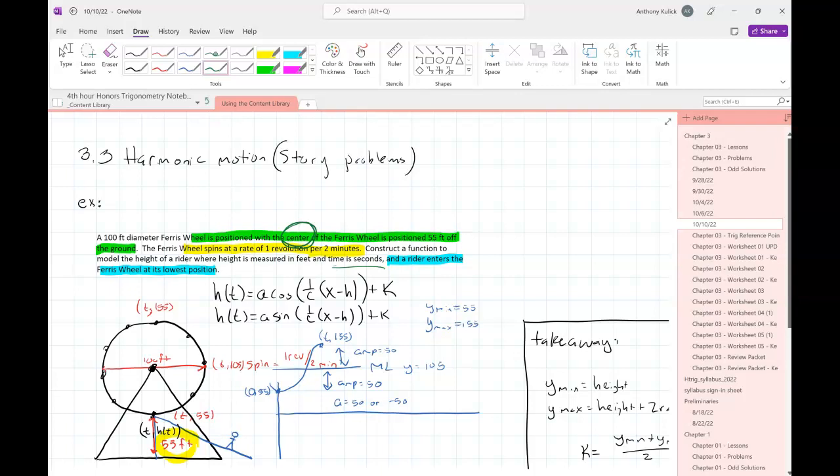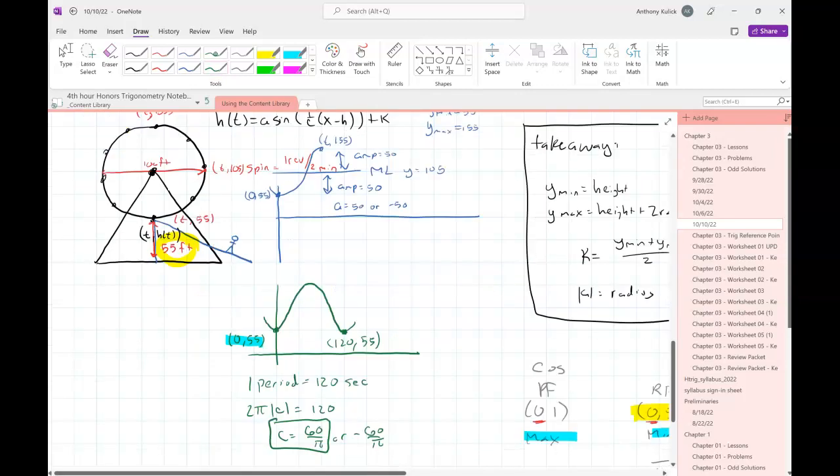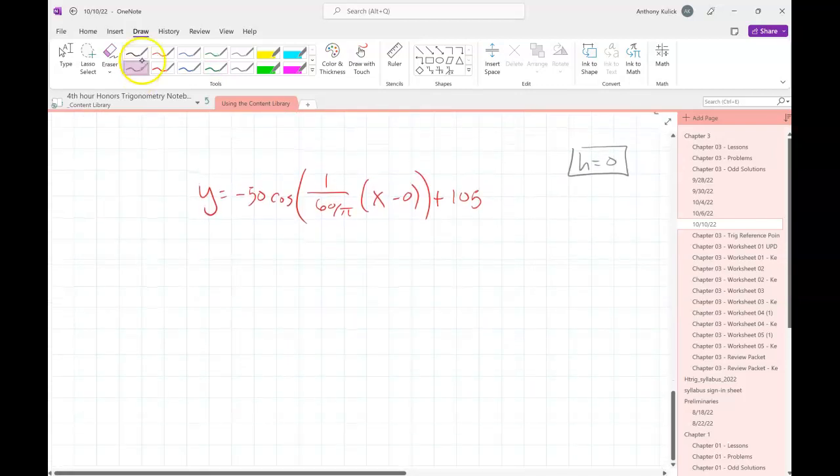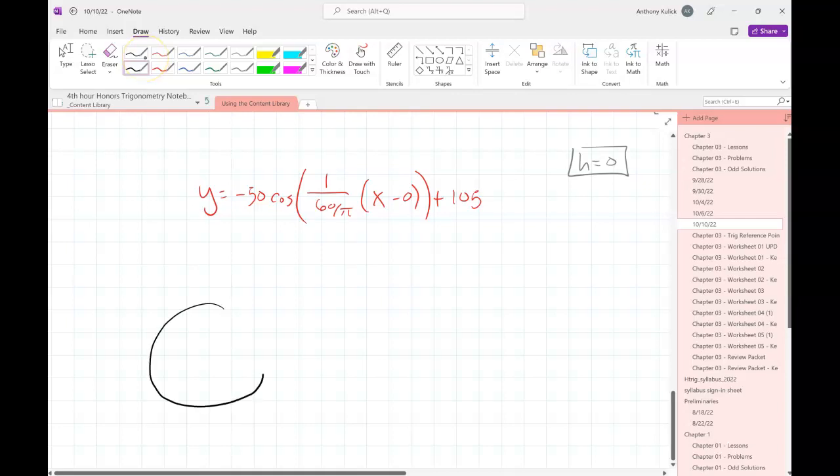So here's all that's going to change, right? What's the low point on mine going to be now? 0. No. 5. Why? Let's redraw the picture.